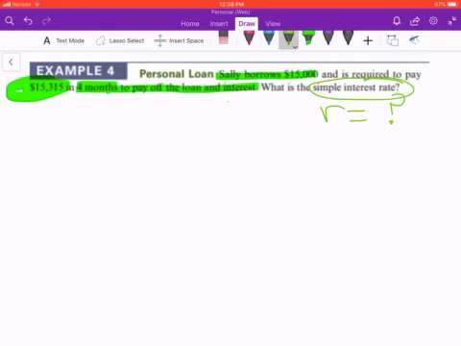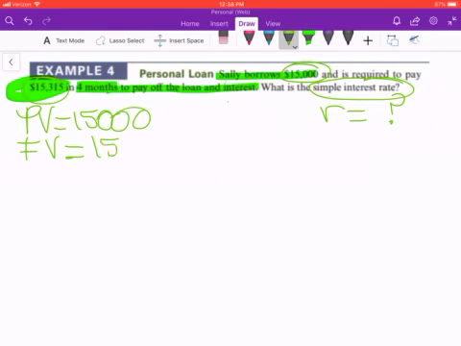So what we're going to do first is analyze our quantities. So the present value, which she borrowed initially, is $15,000. The future value, what she will pay at the end, including the interest, is $15,315.